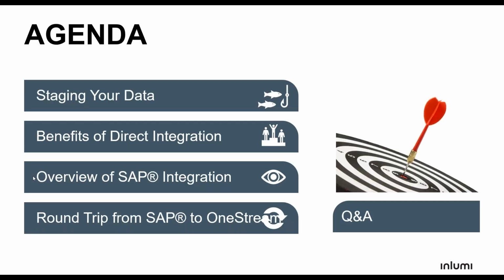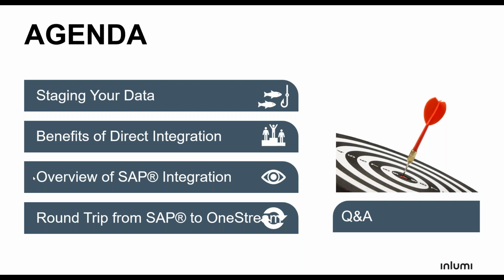So what are we going to talk about today? You can see here the agenda. I will be introducing the data integration in OneStream. We'll also be listing the main benefits of having direct integrations between OneStream and any source system. And of course, as the title of this webinar says, we will be focusing on the SAP integration.